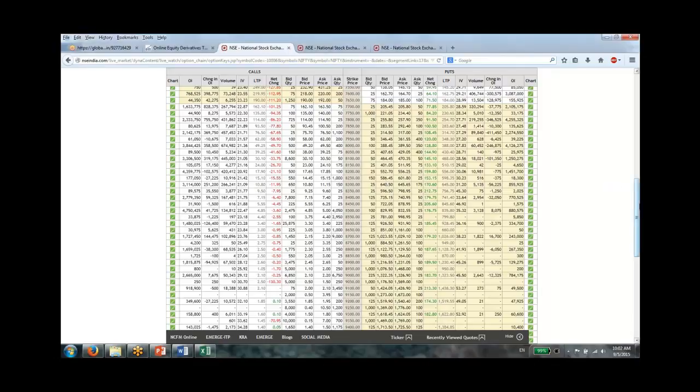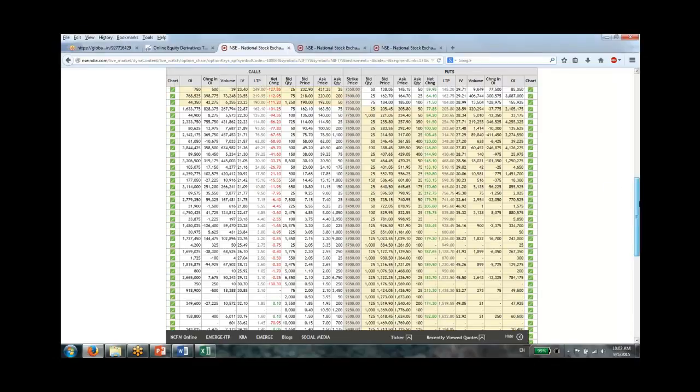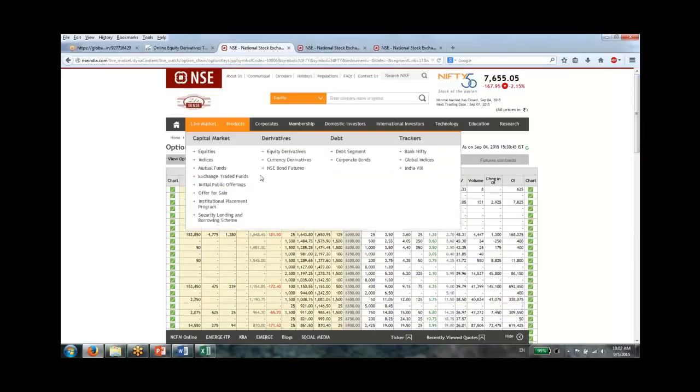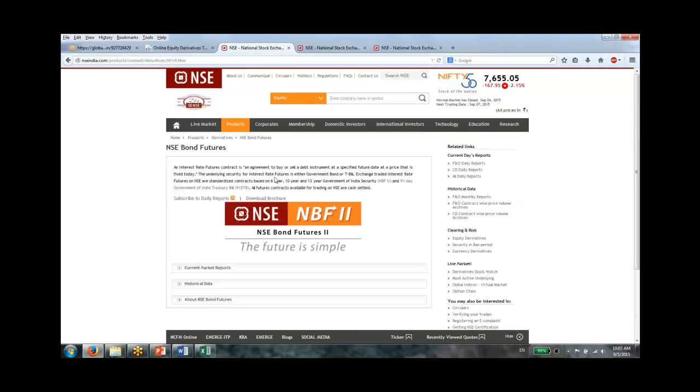As retail traders, you generally won't be trading too much of interest rate derivatives. There is a section at the NSE which has some interest rate derivatives. Here it is, NSE bond futures. So these are interest rate derivatives, but these aren't really traded a lot by retail investors.